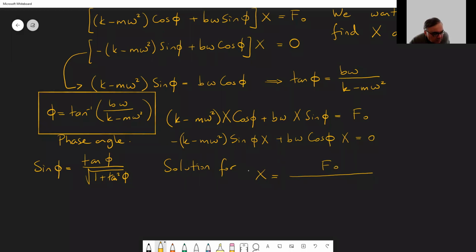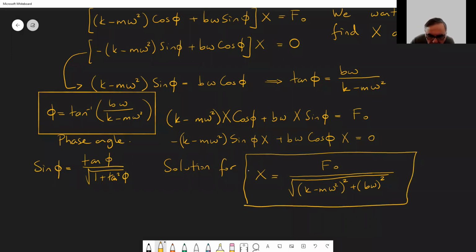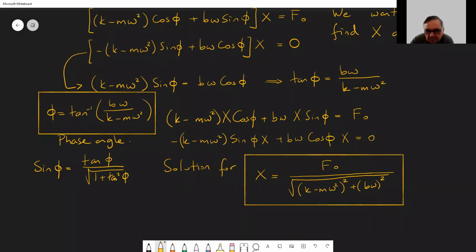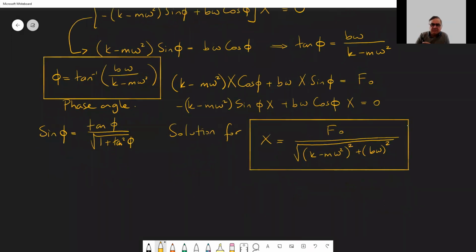Is f0 divided by something like this. Okay, so this is the solution for x and phi.